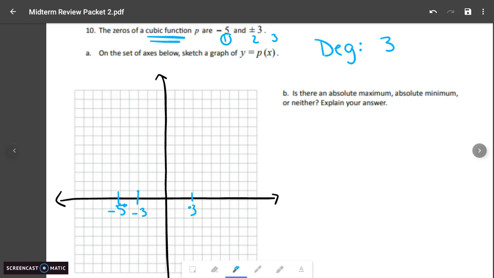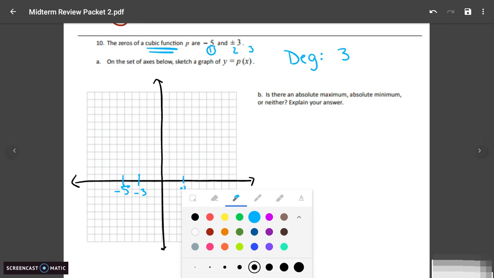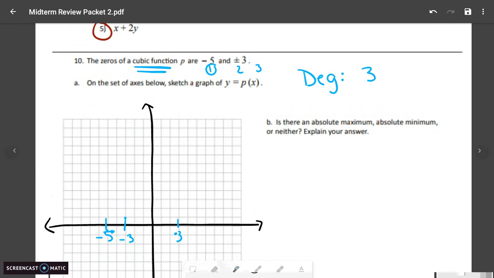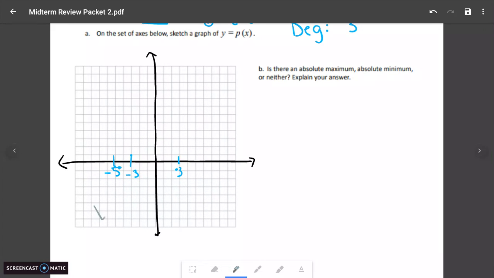Now in this case, I have no indication where my y-intercept would be whatsoever, so I'm not even going to stress out and try to find it. All I really care about, if it's degree 3, then it's opposite directions. So I'm going to make my curves so that they hit all of them, and that's one possible cubic function.